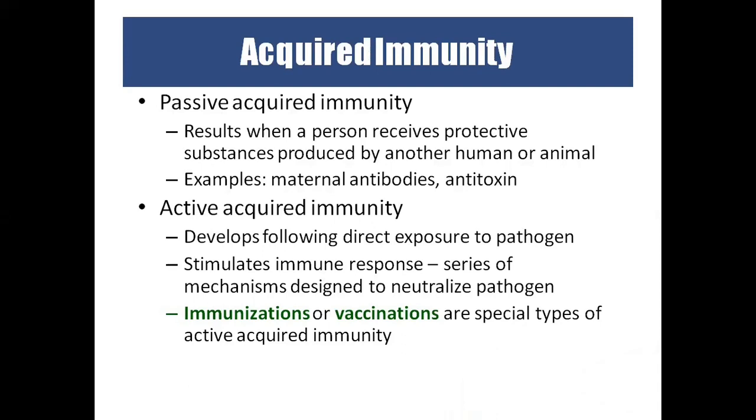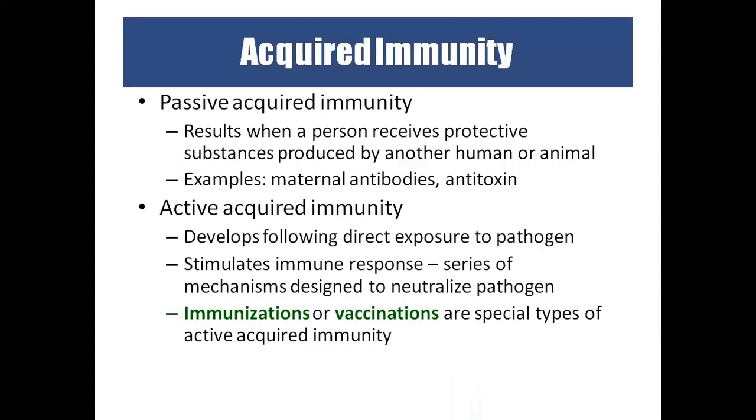For that person, the plasma of the person who has already recovered from COVID can be given to person B. So the readily prepared antibodies are injected into the other person who is suffering from COVID. This is a process called plasmapheresis, which means removal of plasma from a person and transfusing it to another person. So this is also a type of passively acquired immunity.